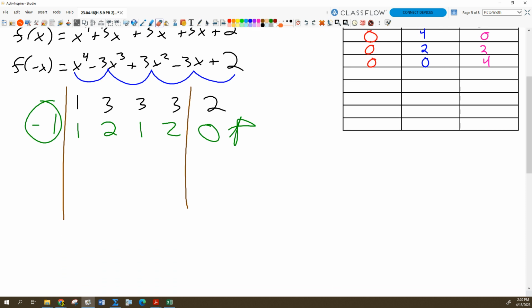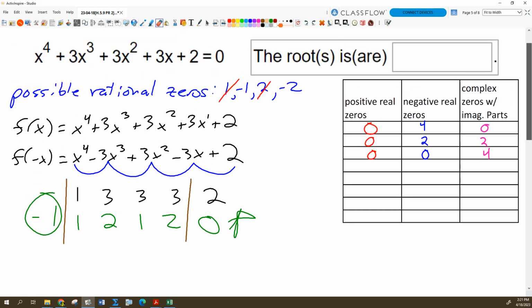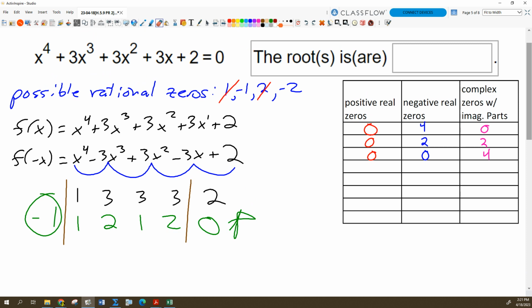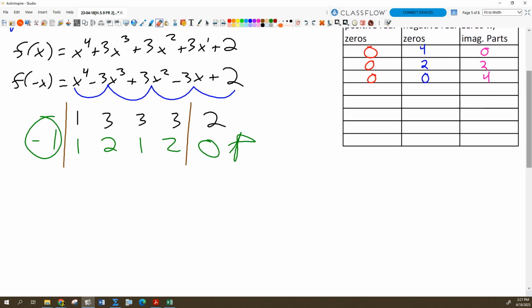Okay, well then we know that my polynomial f of x, this thing that I'm setting equal to 0, is going to factor into x plus 1 times all this stuff.